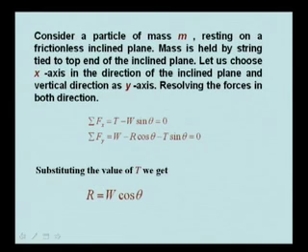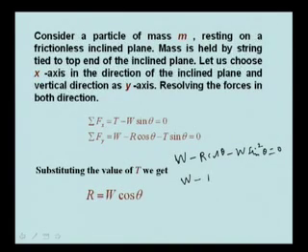Now if we substitute the value of T from the first equation into the second equation, we get W minus R cos theta minus W sin squared theta equal to 0, which gives us W minus W sin squared theta is equal to R cos theta.